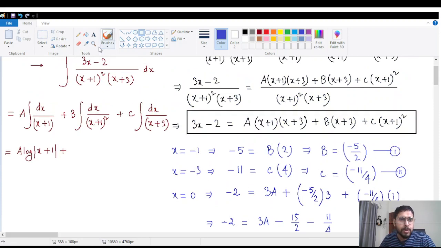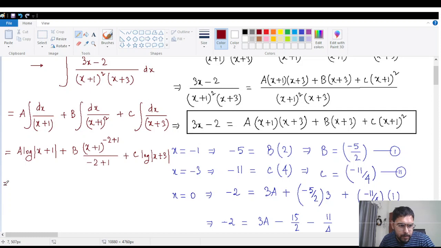so see here what is going on. So this will be x plus 1 to the power of -2 dx. So this will be b times x plus 1 to the power of -2 plus 1 over -2 plus 1, and plus c, this is again log of x plus 3.